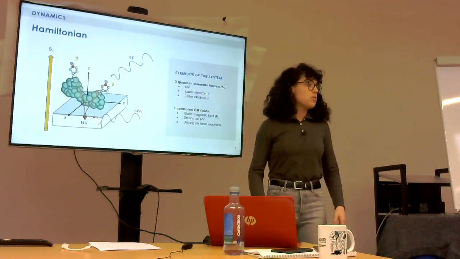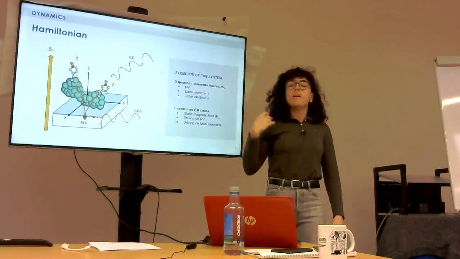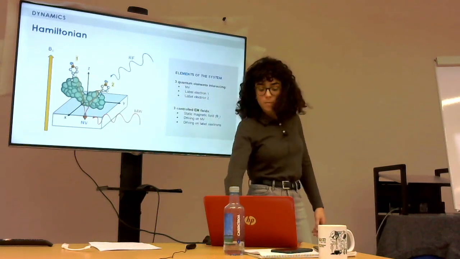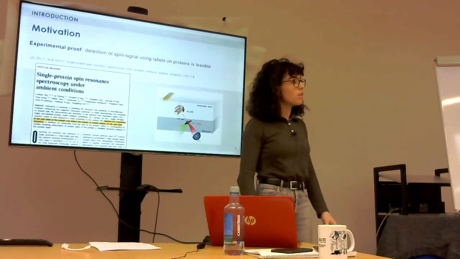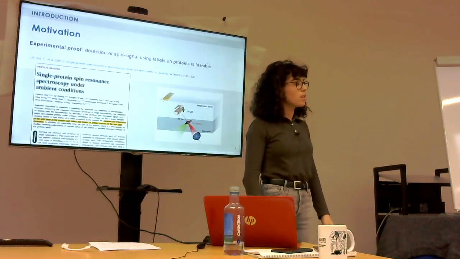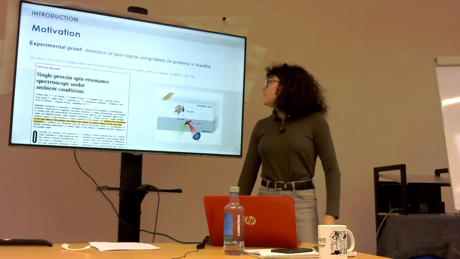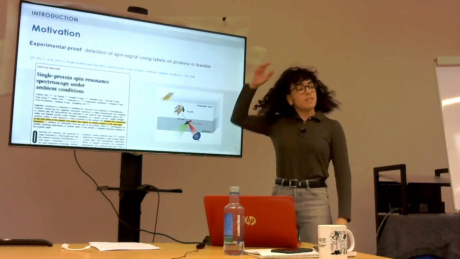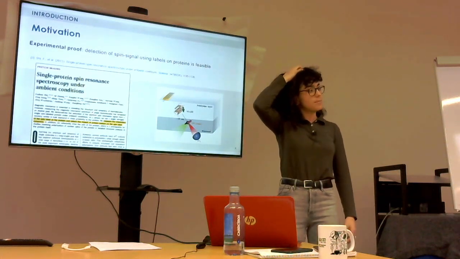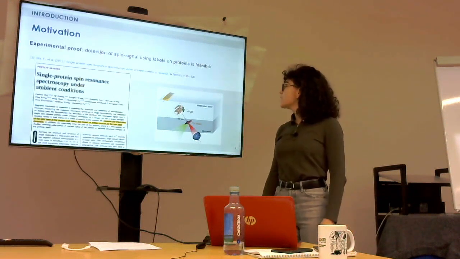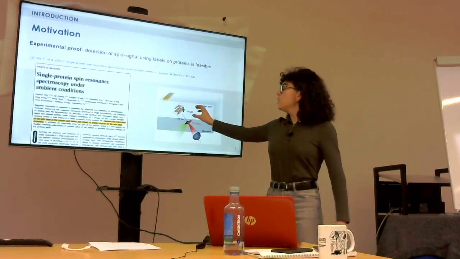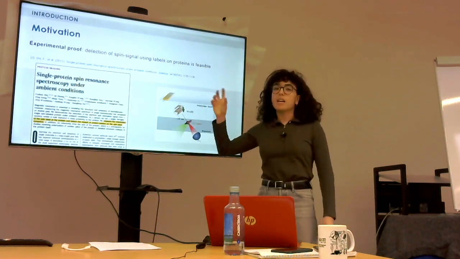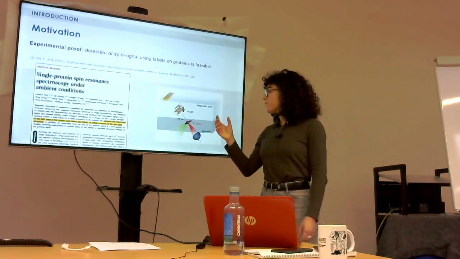Now I'm going to introduce the Hamiltonian. Would you say that the protein embedded in this polylysine layer is in physiological conditions? Because it's always embedded in some fluid or in some glass-like stuff, right? They embed it in this polylysine layer so that the protein doesn't move that much.